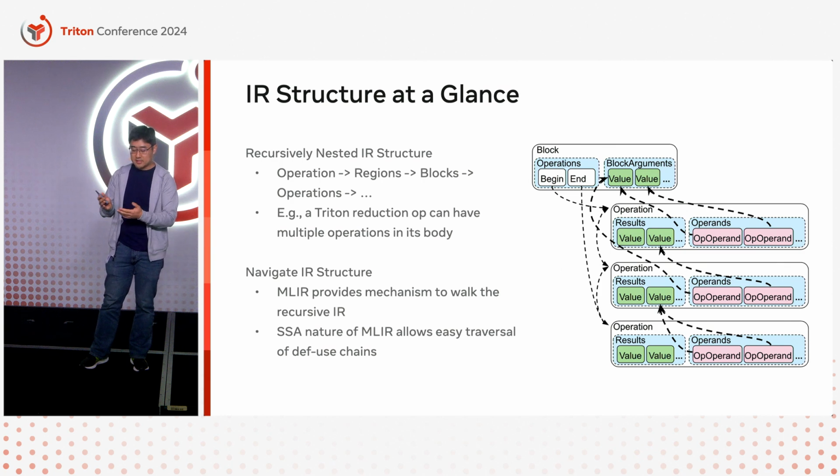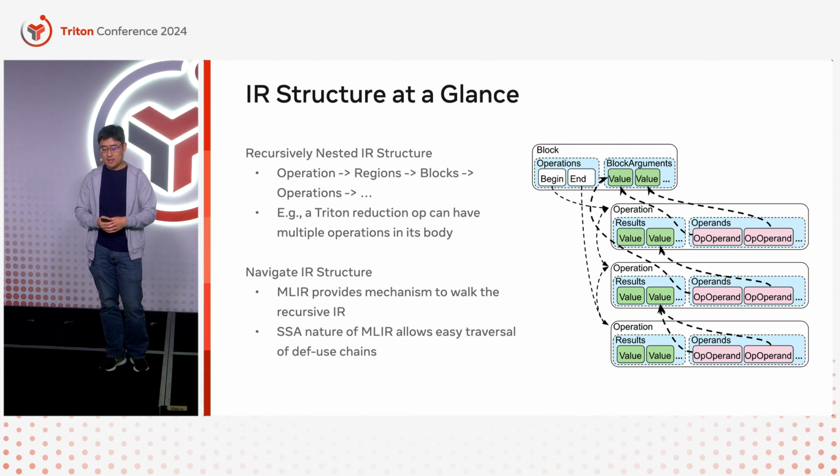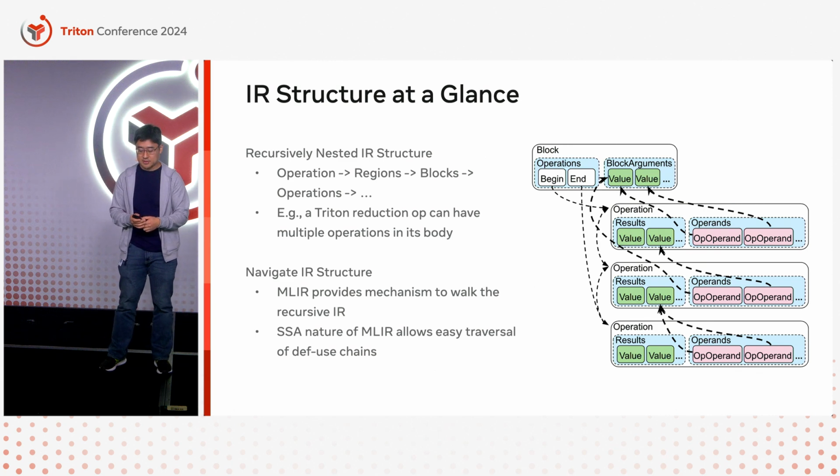In this specific example, we have a block, which again contains many operations. There's a begin and end pointer that marks the first and last operations in the block. A block can also have multiple block arguments. Within the block, we can again have multiple operations. Each operation can consume one or more operands, and it could produce multiple results.